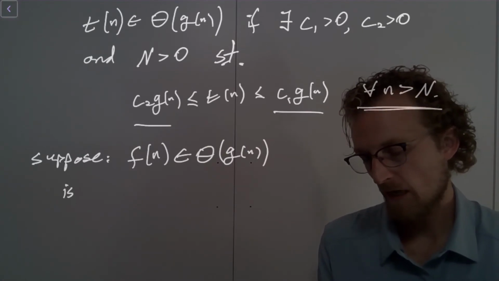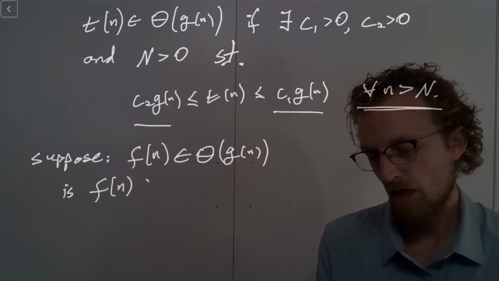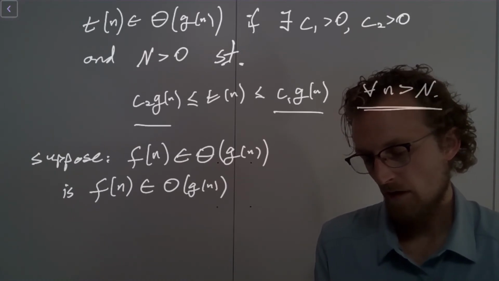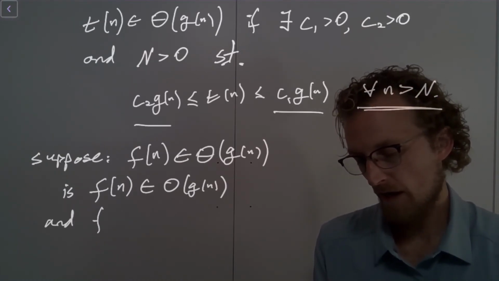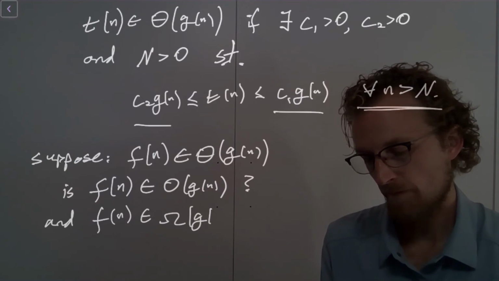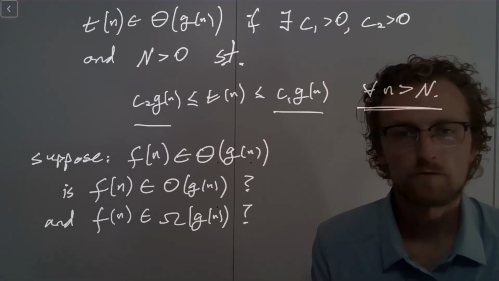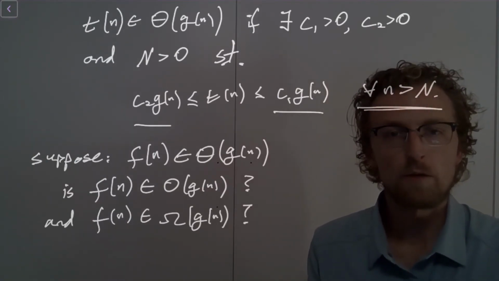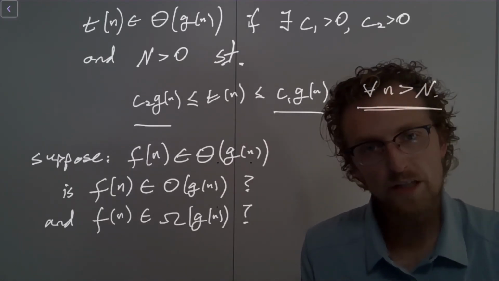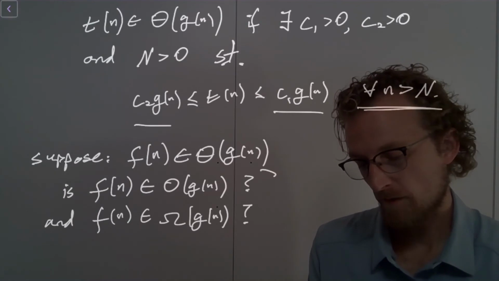Is f of n big O of g of n? And is f of n big omega of g of n? Think about that for a second. Feel free to reference the definition above. Pause if you like. The answer to both questions is yes.